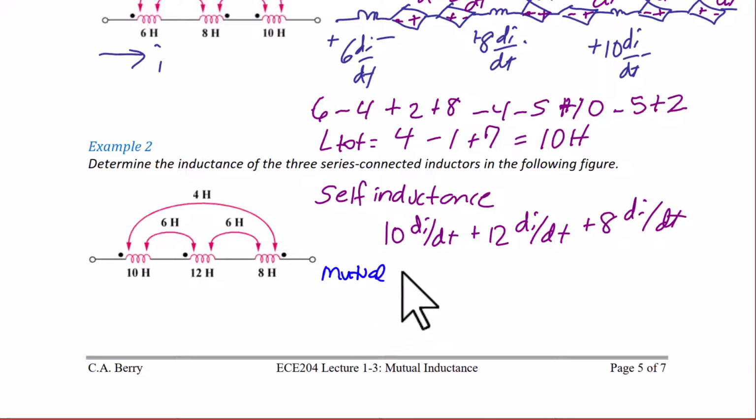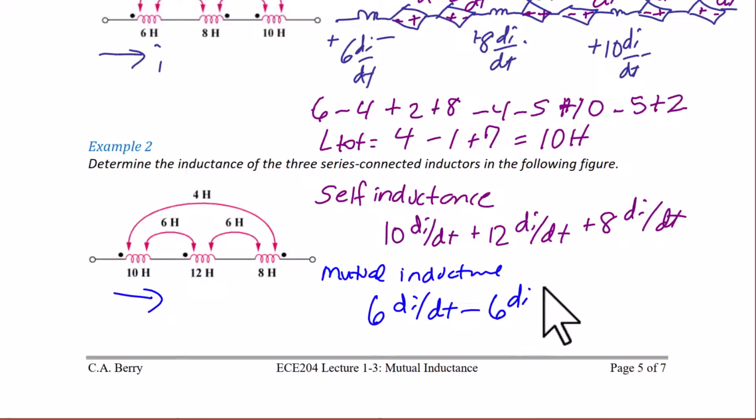Now we're going to find the mutual inductance. So it's 6 di/dt minus 6 di/dt for the 12 Henry inductor for the mutual inductance from the 10 Henry and the 8 Henry.